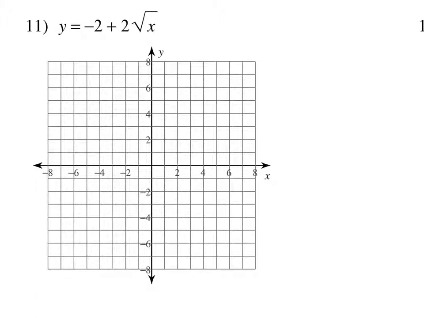Okay, on number 11, I really want you to think back to when we were graphing lines. If I gave you the equation y equals 5 plus x, that's not in slope-intercept form. So what would you do? I'm not talking about that equation. I'm talking about y equals 5 plus x.